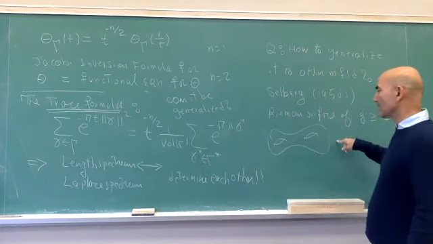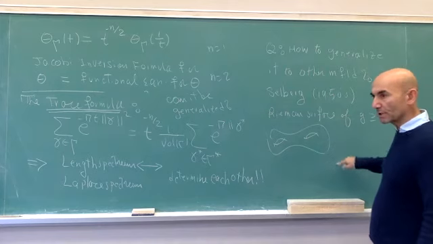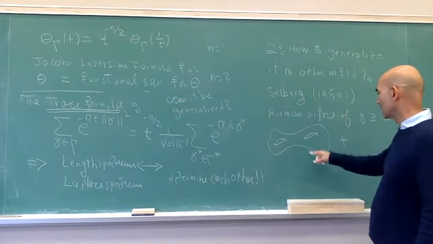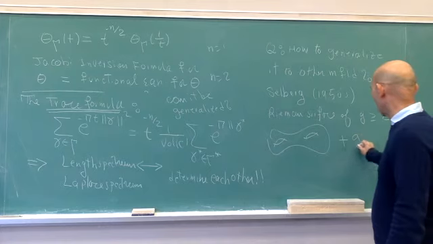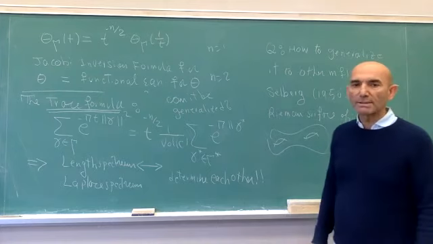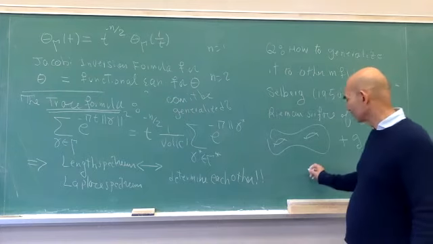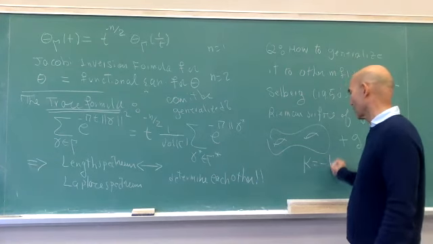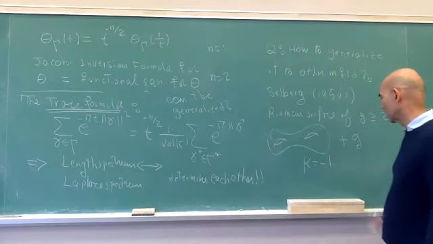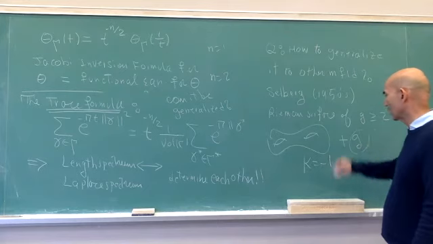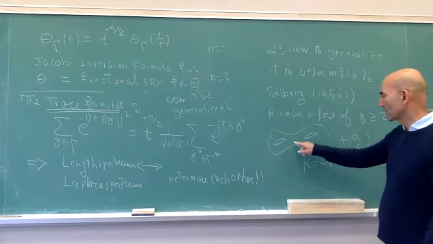And for these Riemann surfaces, by the uniformization theorem, we know that there exists a metric which has constant curvature -1. The uniformization theorem tells you that there always exists such a Riemannian metric. You pick that, and you get that.